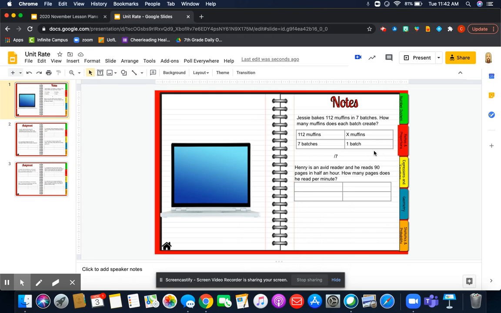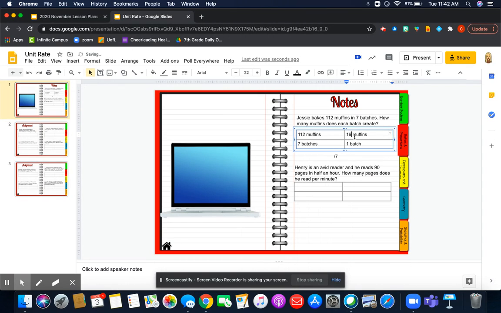And I'll be honest, you guys are at home, so if you can do this on your own, I would recommend it. However, if you need to use a calculator, that is okay. So we know that 112 divided by 7 gives us 16. So how many muffins does each batch create? Each batch is going to give us 16 muffins.